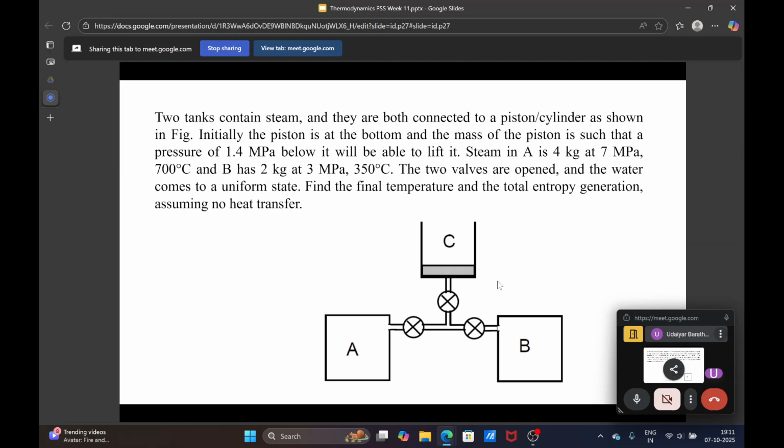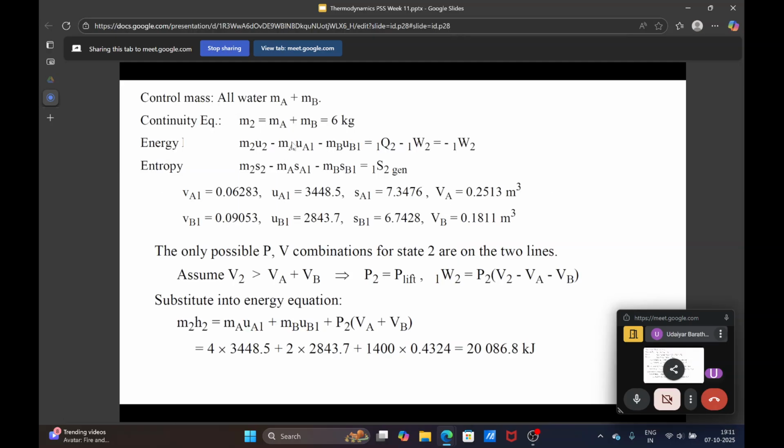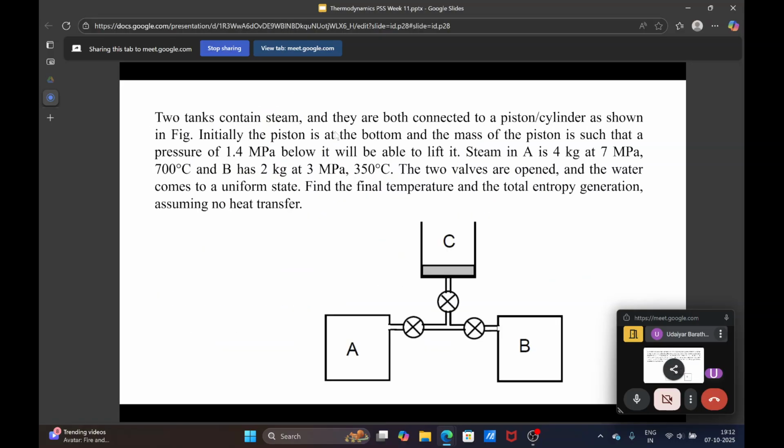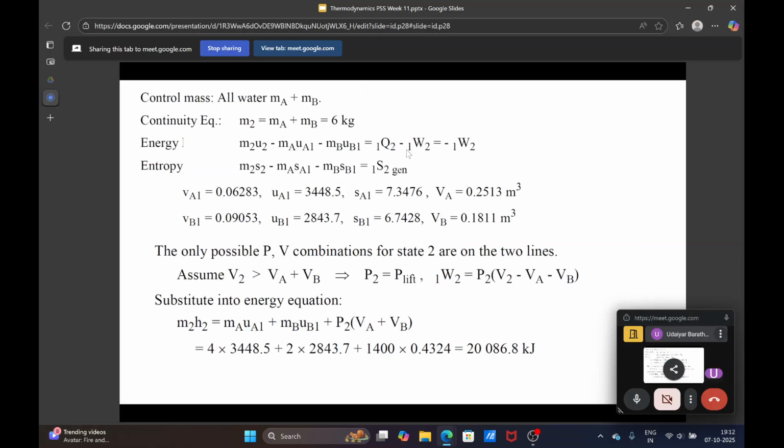So once all the valves are opened, what will be the final state, assuming no heat transfer. So first, the combined mass in both tanks is Ma plus Mb, which is mass at state 2. It comes out to be 6 kilograms. So 4 plus 2, which is 6 kilograms.